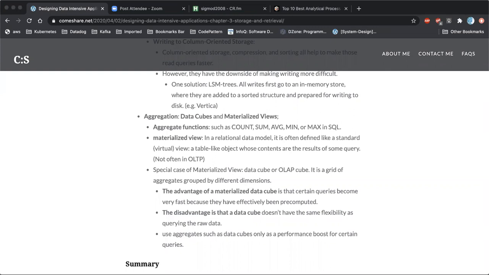So any thoughts on data cubes? Okay, let me see if I have notes on data cubes. I read about it, but I kind of forgot.